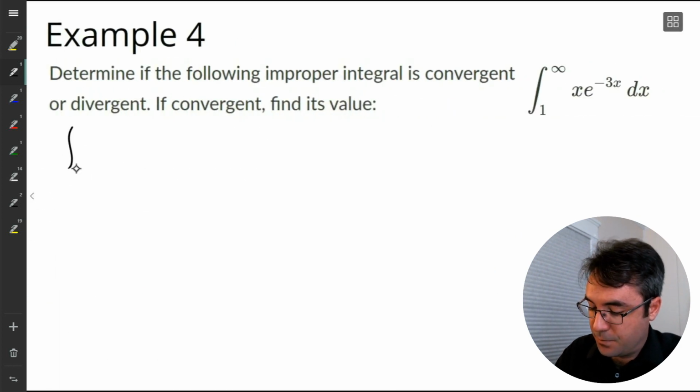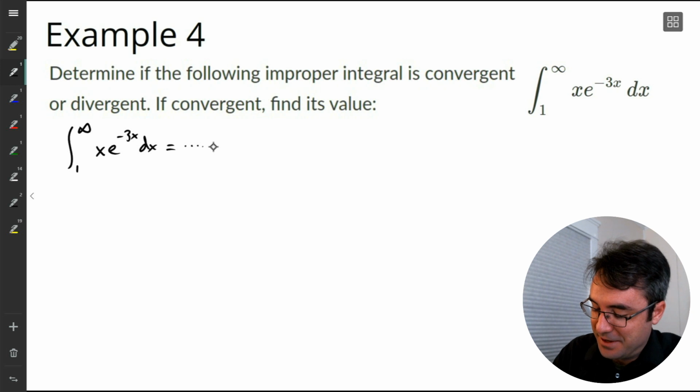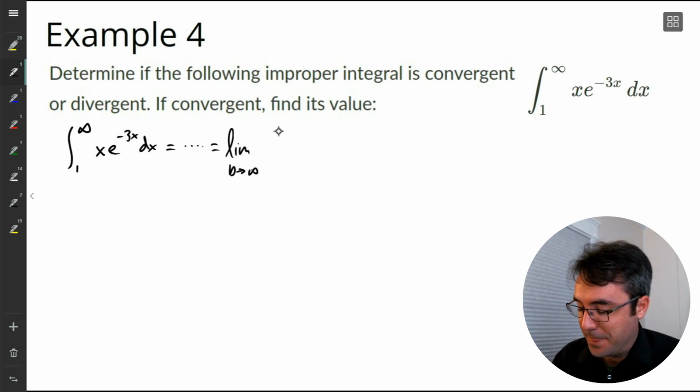All right, so let's just write where we are. We're doing the improper integral of our function. And we've seen that it's equal to the limit as b goes to infinity. There was a bunch of work there, so let's put some dots just to indicate that there was quite a bit of work we had to do.